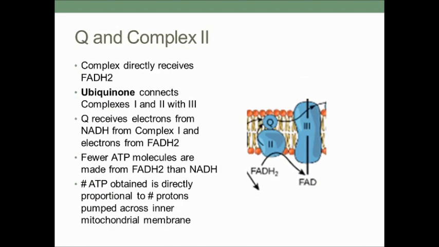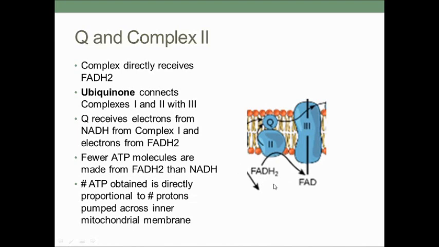Next, we get to Q and complex 2. This complex is going to directly receive that FADH2 that we were talking about from the Krebs cycle. A protein called ubiquinone will connect complexes 1 and 2 with complex 3. Q is going to receive electrons from NADH from the first complex and the electrons from FADH2, so it's an electron carrier.